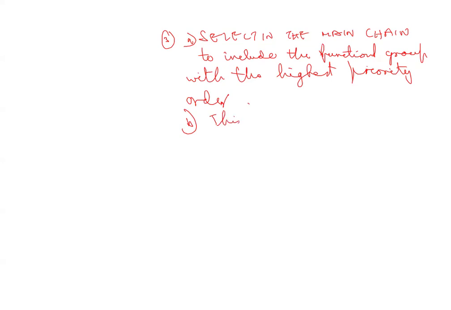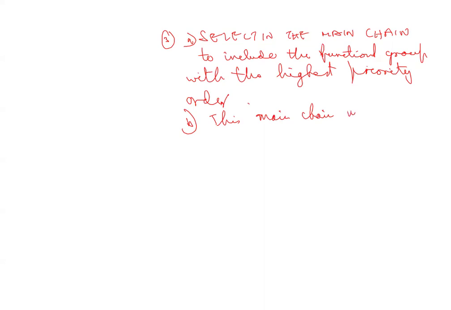So if you have two chains that have the same number of carbon atoms, then we go for the chain with the maximum number of double or triple bonds, which are subsidiary groups.